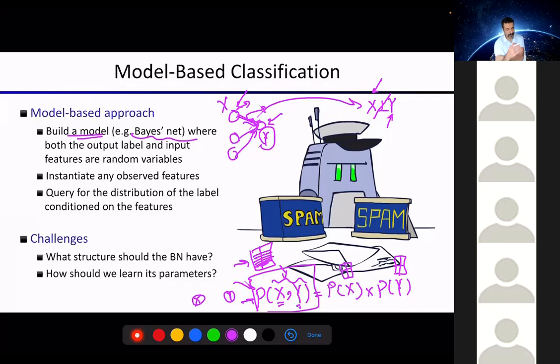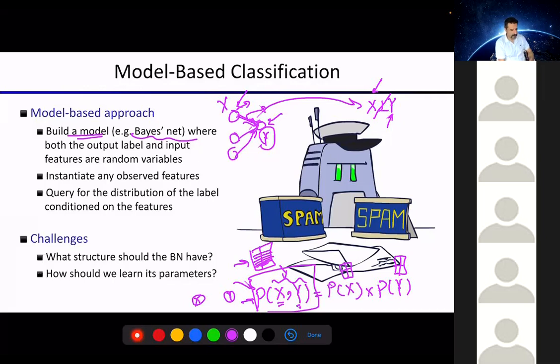But this is really the only thing I assume you need to know about BayesNet. The rest, there are some details, obviously. We talk about much more detail in the AI course, but for Naive Bayes, this is pretty much what you need to know.